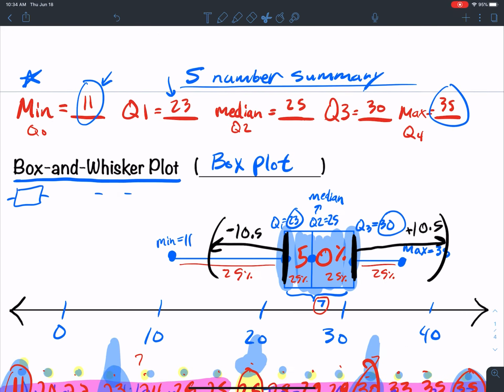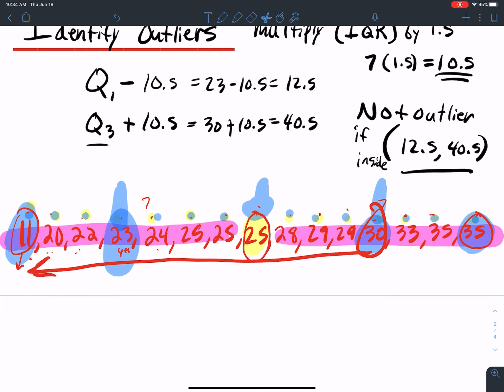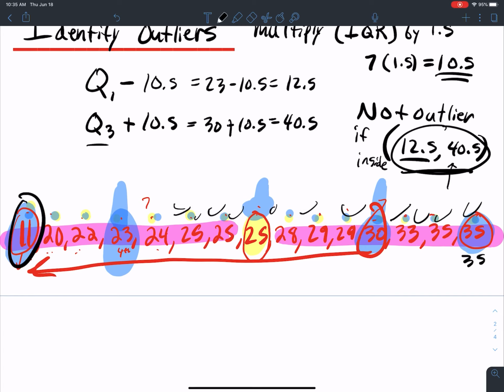Are there any values that are outside this range? Well, 35 is the biggest, so that's inside the range. All of these are good. Where do we end up being bad? There's only one value. It's 11. 11 is an outlier. Why? Because it's outside the interval of 12.5 to 40.5.